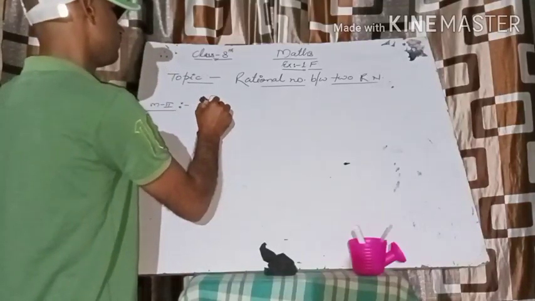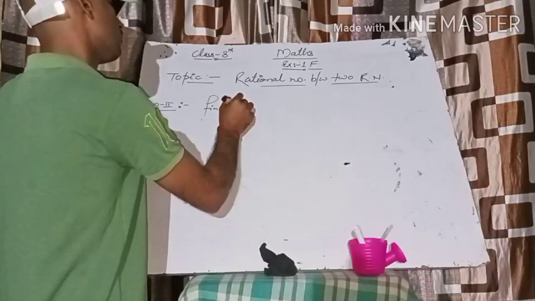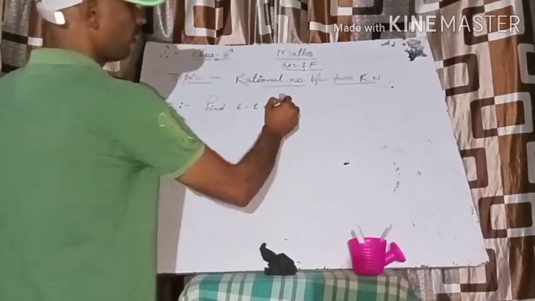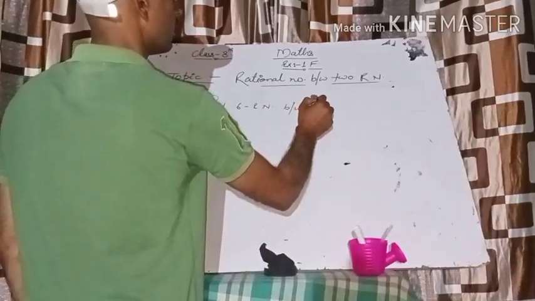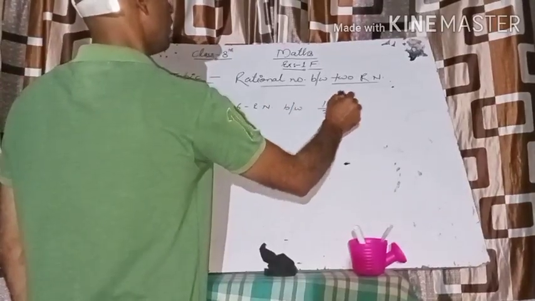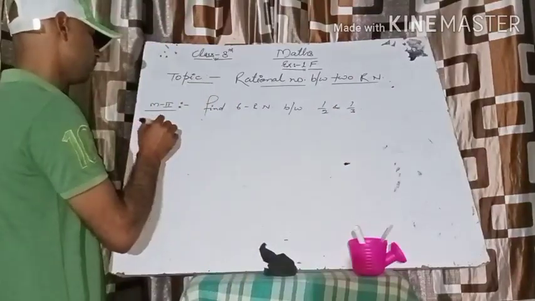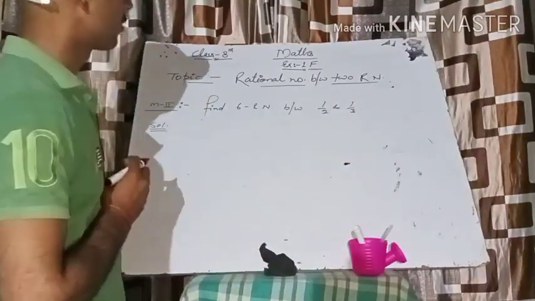Find 6 rational numbers between 1 upon 2 and 1 upon 3. Okay, now how will we solve this question?